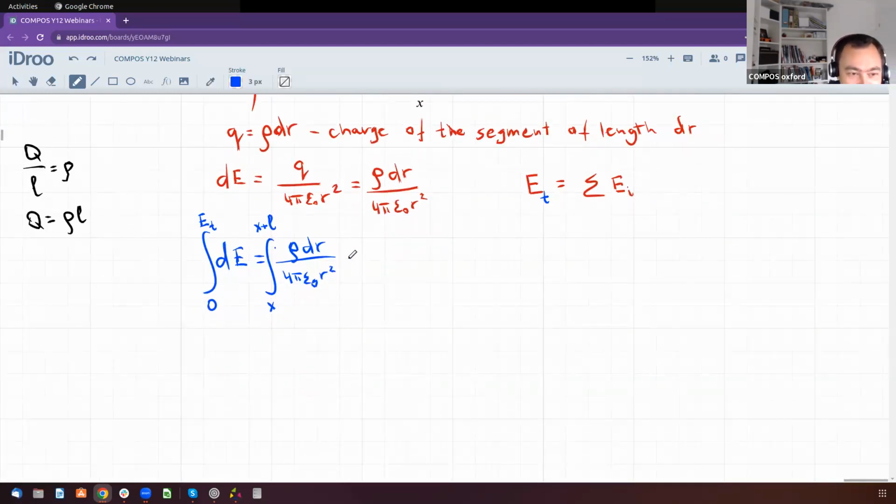Anyways, this is quite a simple integral. So I take all the constants out as I normally do.